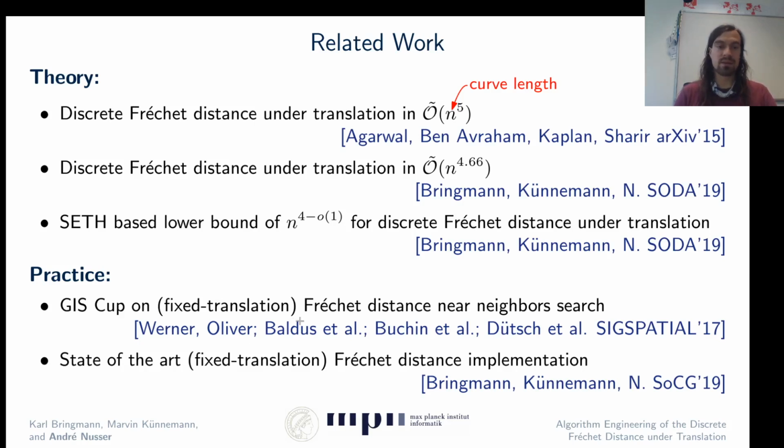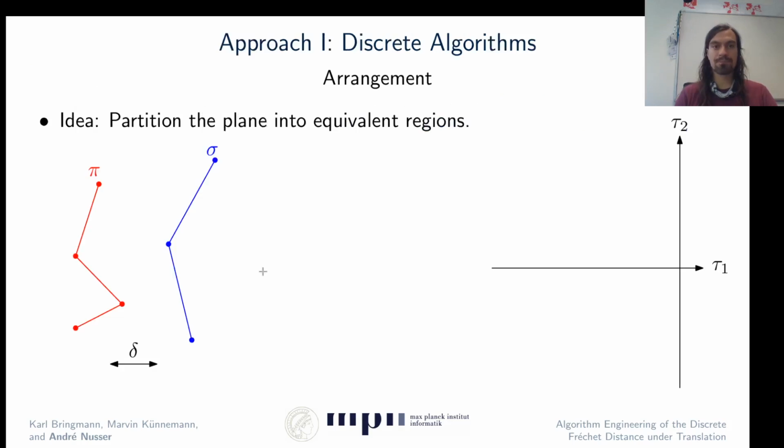And this was already a very nice step forward for engineering the Fréchet distance. And then we actually gave a state-of-the-art implementation in a Sausage 2019 paper for the fixed translation Fréchet distance. And actually, this work here, we will also use as a subroutine in the remainder. And I will tell you then where.